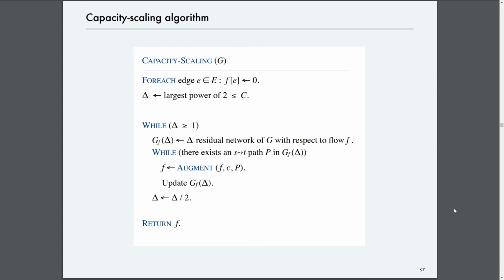And we do the same as we did before. We get the flow of the augmenting path and we update the graph. And then if we finish and we don't find another augmenting path, we just reduce delta by a factor of 2. So we set delta equal to delta divided by 2. And we repeat this while delta is greater than or equal to 1.